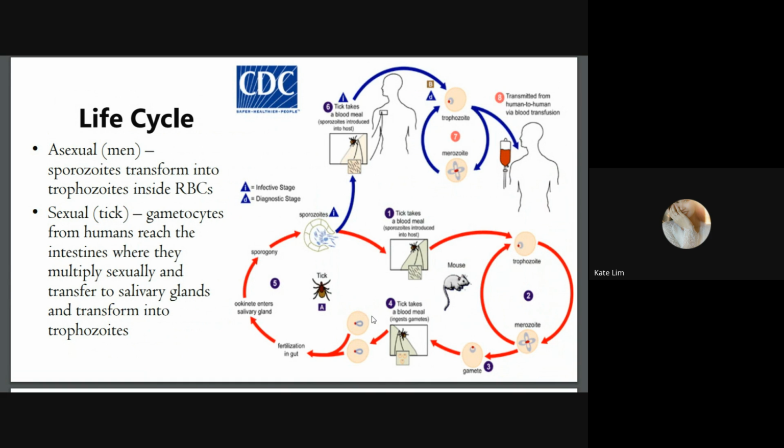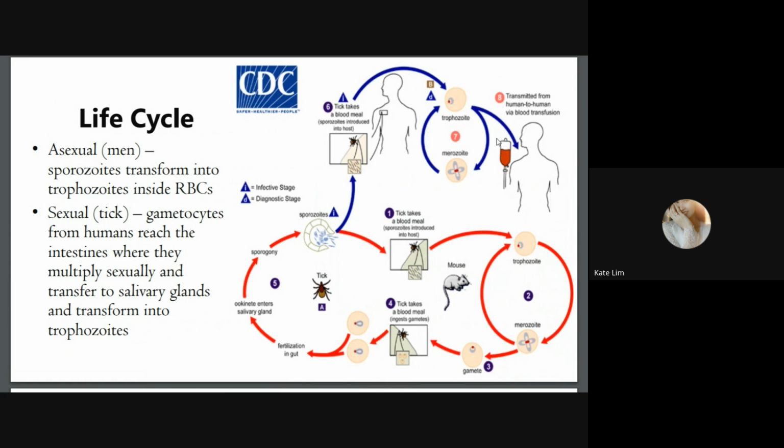Okay, so what I want you to remember is when you examine Babesia on a blood smear, you'll only find trophozoites, either as ring forms or the distinctive Maltese cross. This absence of schizonts and gametocytes is a key distinguishing feature between babesiosis and malaria during microscopic evaluation.